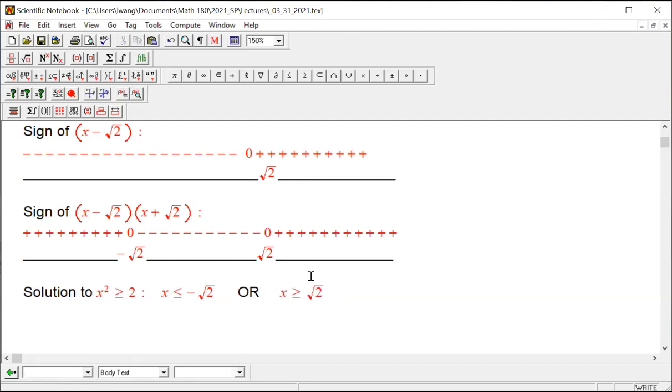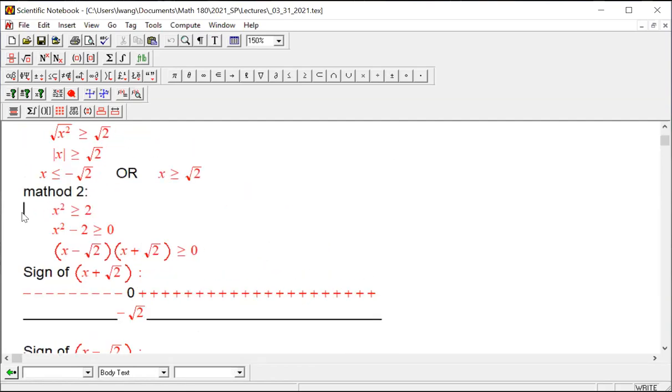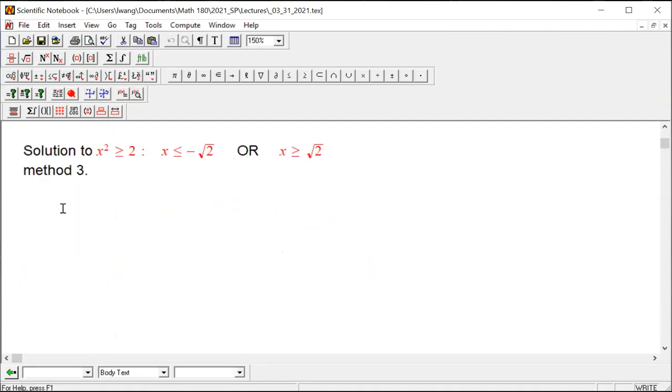Can we come up with a method 3? Do we have another method? Yeah. After making 0, we have this function, and we call this function x squared minus 2.